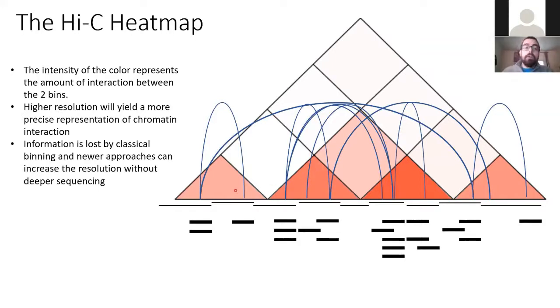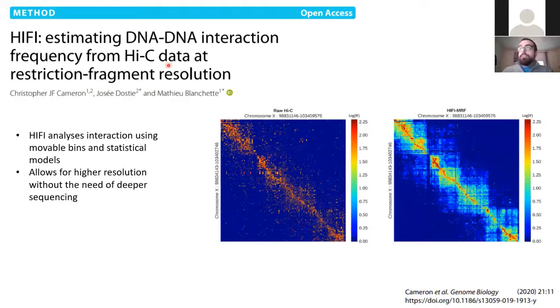But now there are other ways to calculate the interactions and to make the heat map to reach a higher resolution without having more reads to complete every bin, by simply moving the bins around. So this is what Fi-C is doing. It's software made by Mathieu Blanchette's lab, and it moves the bins around to be able to detect specifically where the interactions are.